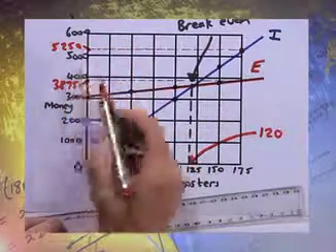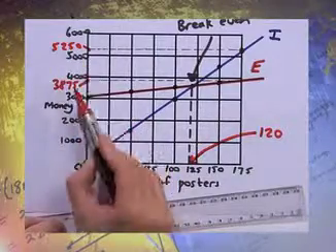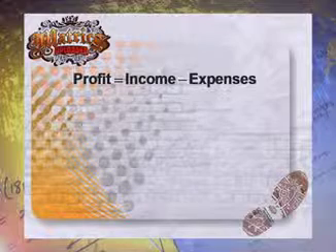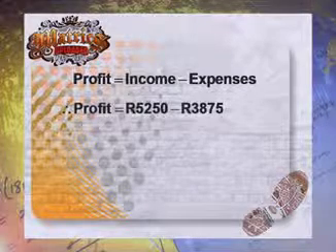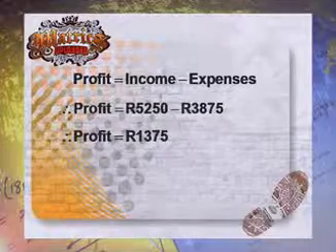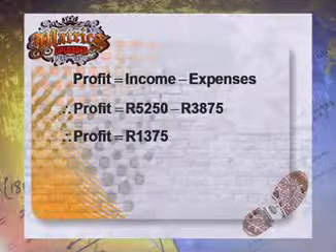That's 5,250, a lot more money than the expenses incurred there. Now, what do we know? The profit is the income minus the expenses, and we go 5,250 subtract 3,875, giving us 1,375. That's the profit that Derek's company makes by laminating posters.